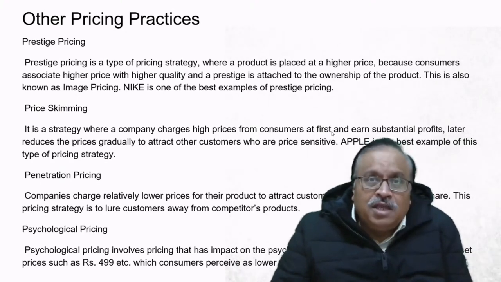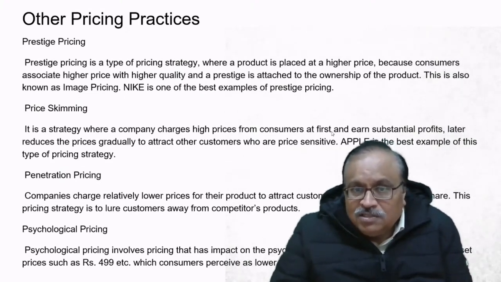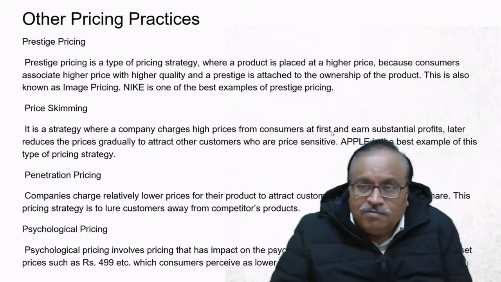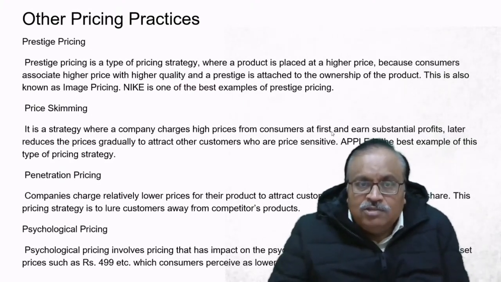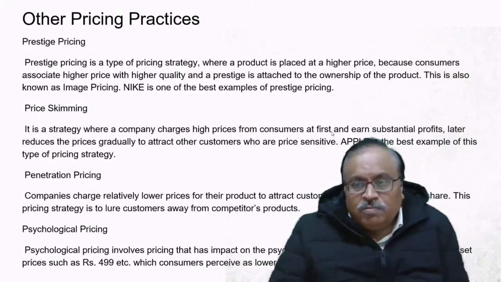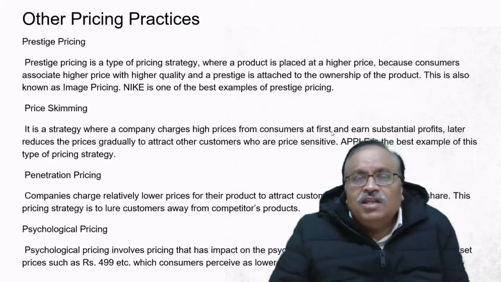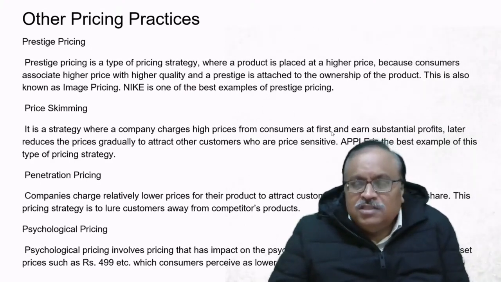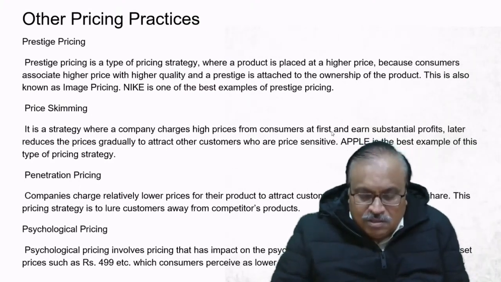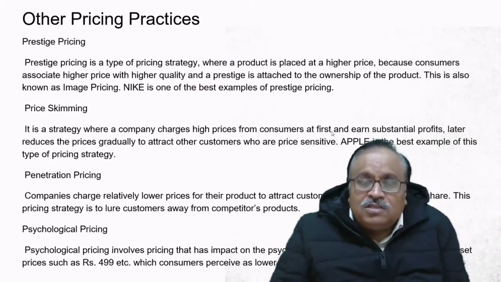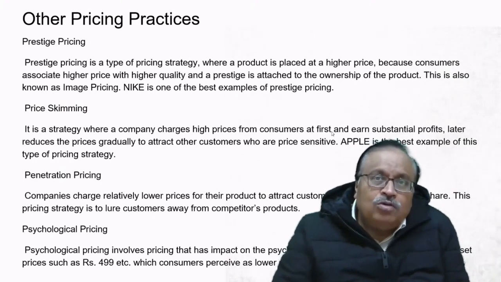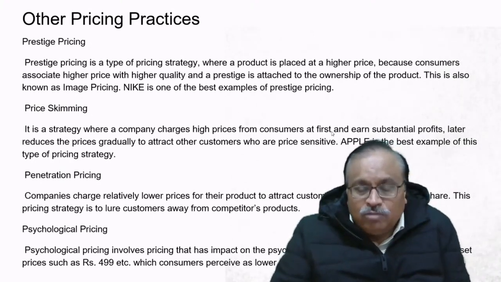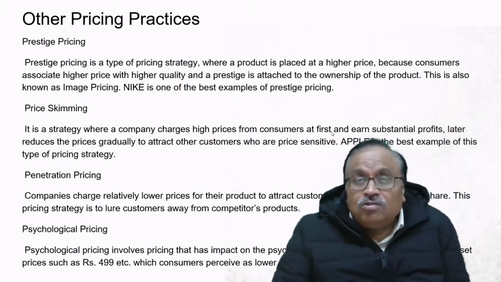Then we have price skimming. So what is price skimming? It is a strategy where a company charges high prices from consumers at first and earns substantial profits, then later reduces the price gradually to attract other customers who are price sensitive. So initially they will charge a huge amount, but gradually they start charging less to add on customers. So Apple is the best example because whenever a new iPhone or an iPad or Mac Pro comes into the market, they are priced on a very high basis.